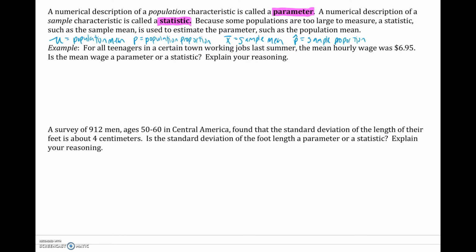So in the directions, you might realize, wait a minute, it says all teenagers. It doesn't say just 25 of our teenagers. So when it's dealing with all, I'm going to trust that this is a population characteristic. So that means this is a parameter. So let me just put in my thought here. So that's a population characteristic.